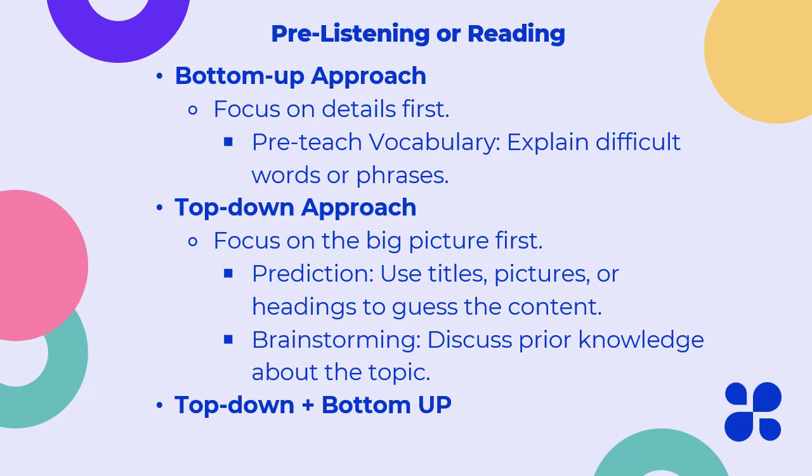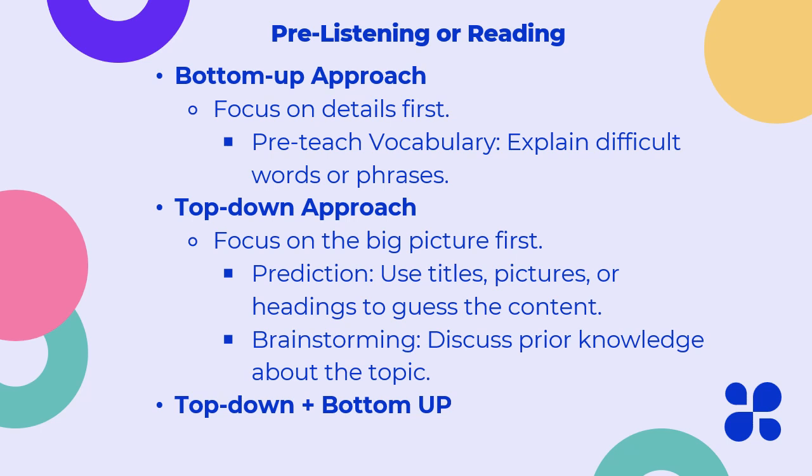And then you attempt to predict and get the overall meaning of the text before reading or listening to the text. Now, most teachers, more often than not, actually combine the 2 together. They start with the top-down activity where they attempt to get students to predict the overall meaning, the general content of the text, through the use of pictures or any visuals to help activate their prior knowledge.